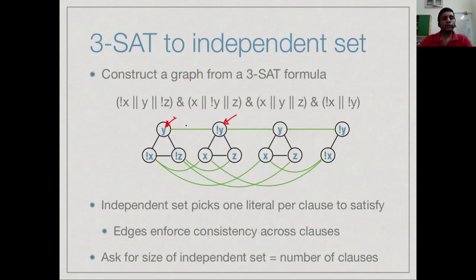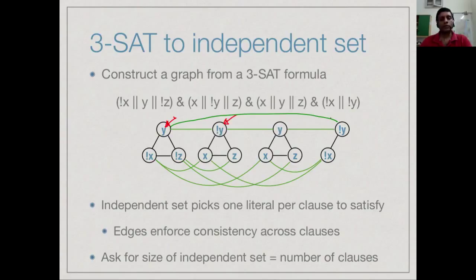So in addition to the triangle, I have these green edges saying that a variable and its complement will be connected by a green edge. So there should be some more green edges, perhaps connecting this y to that not y. Every variable is connected to its complement to indicate that if one is there, the other cannot be there.